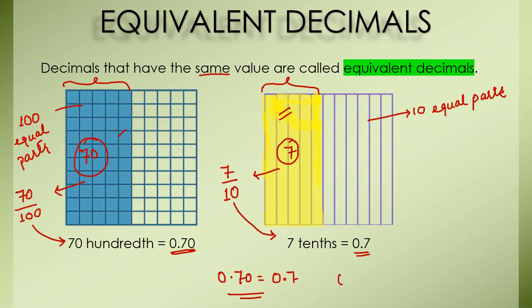So all the decimals, if they have 0 at the extreme right of them, have the same value and are called equivalent decimals.